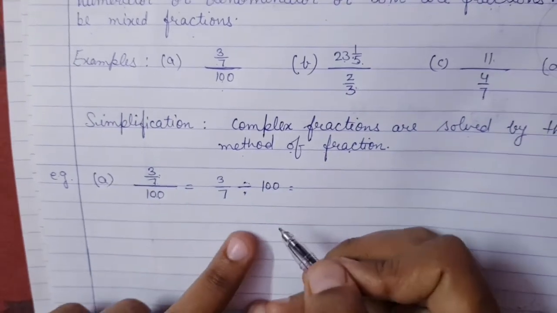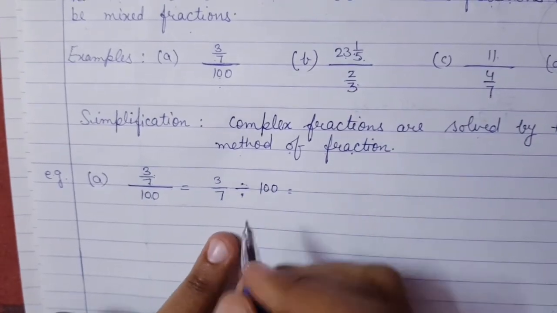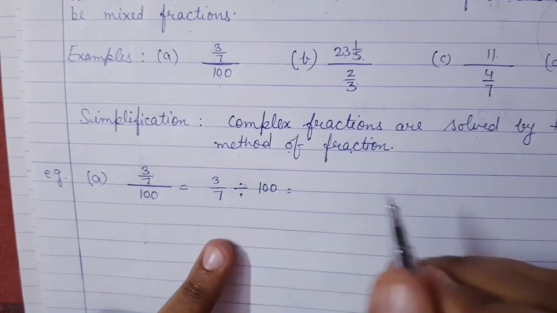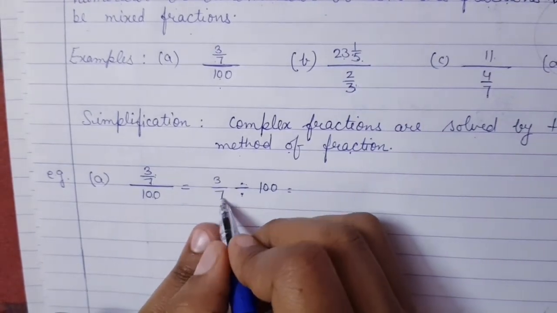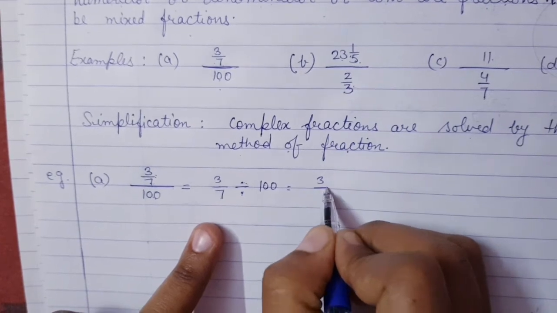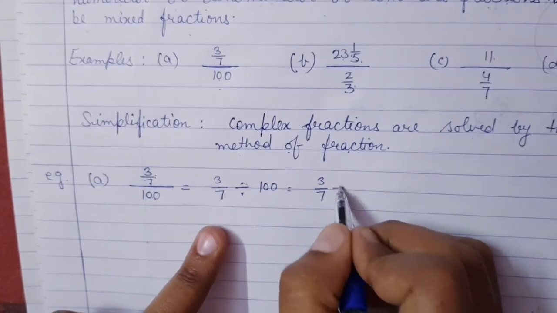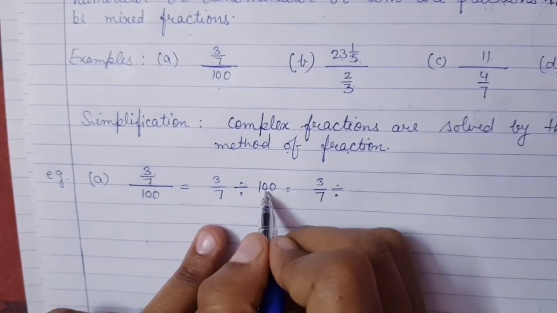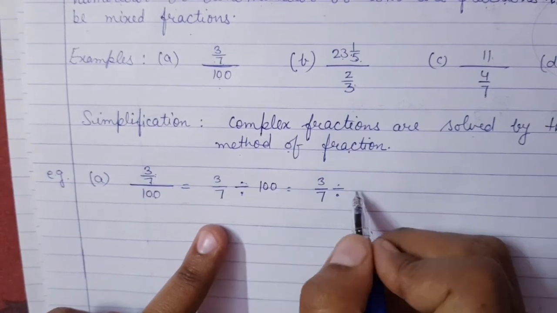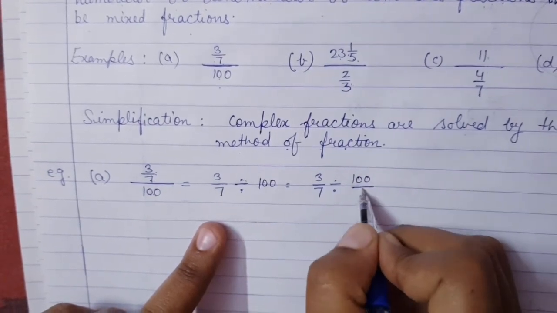Now we can solve this by the division method of fractions. First of all, write the dividend as it is, 3 upon 7 divided by, first of all convert this whole number into the fraction, that will be 100 upon 1.